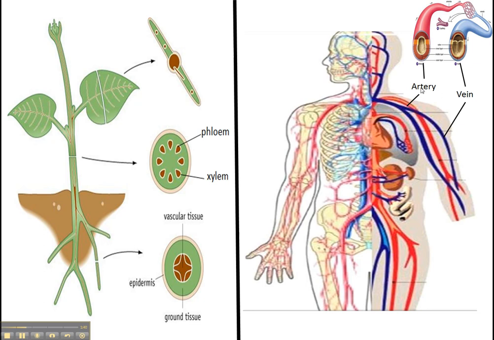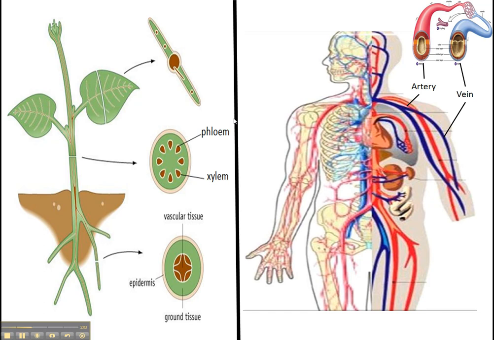The arteries carry food and water away from the heart for every cell to get a little bit of a drink and a little bit of something to eat. The veins, on the other hand, carry the leftovers, including waste, back to the heart and eventually out of the body.